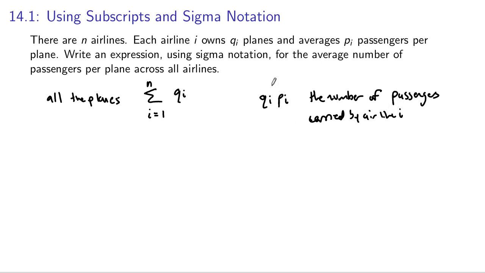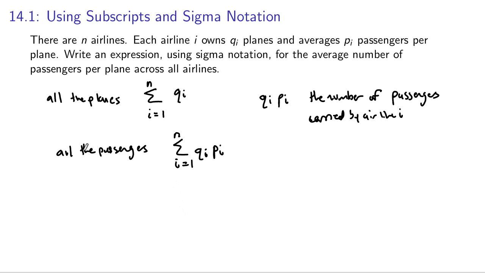Okay, that gives us the total passengers for one airline. So if we add all those up, we would get all the passengers. Okay, so all the passengers across all the airlines would be the sum from I is 1 to n of q sub I times p sub I.